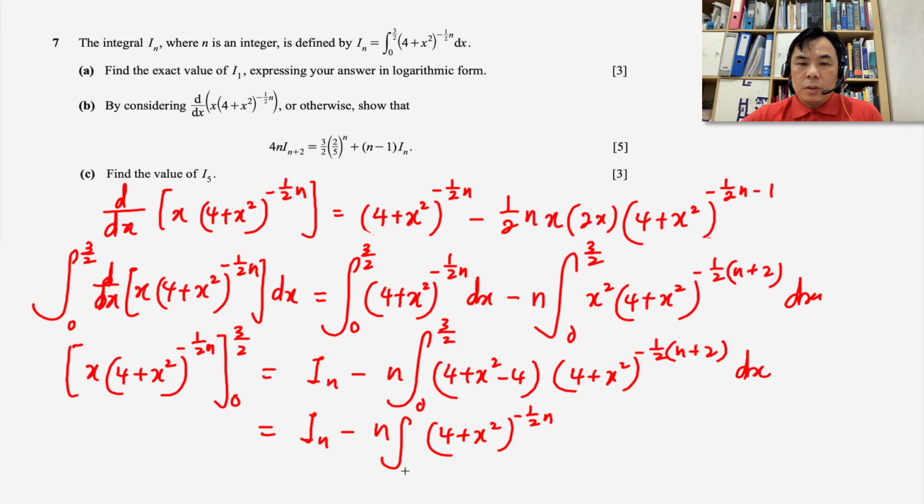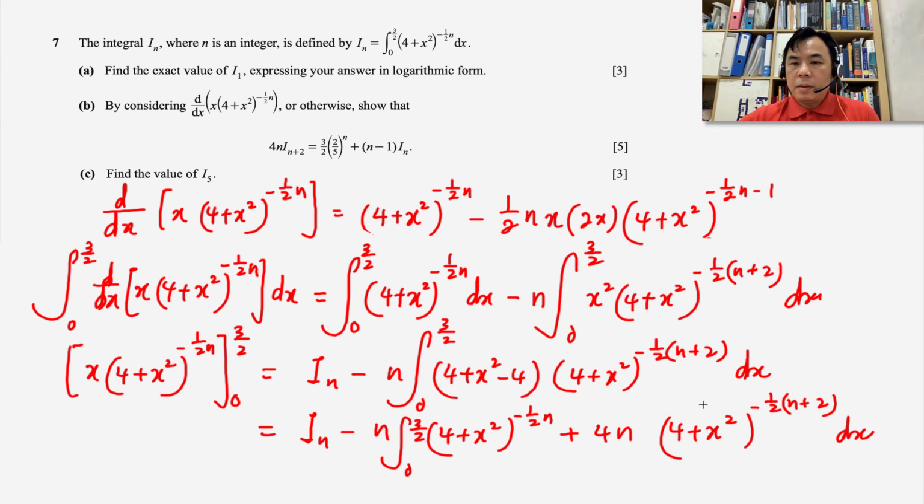Yeah, that is the first one, from 0 to 3 over 2. And then thereafter, I have a plus 4 I_n here. So I have a plus 4 I_n, 4 plus x squared, negative half I_n plus 2 dx from 0 to 3 over 2.